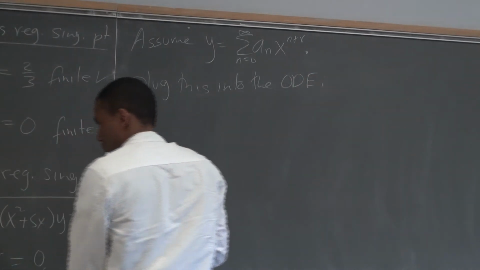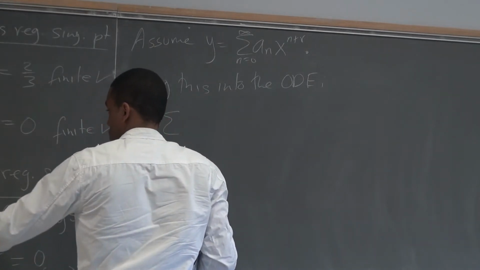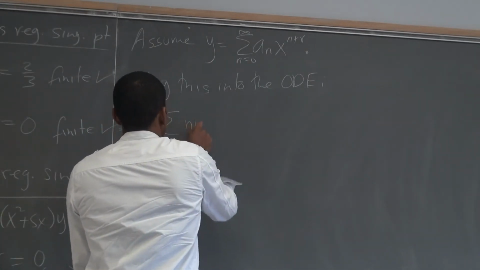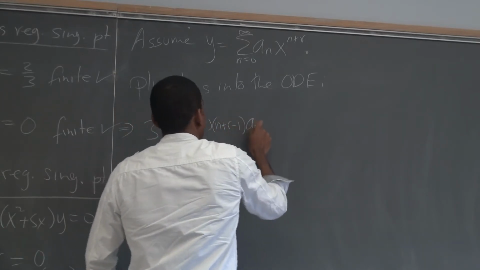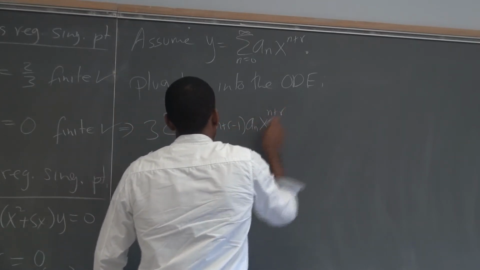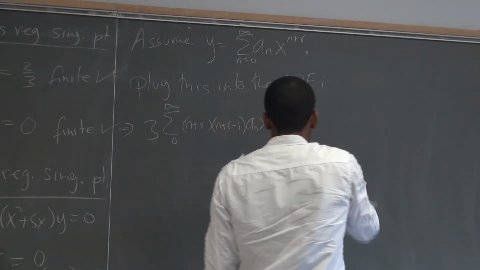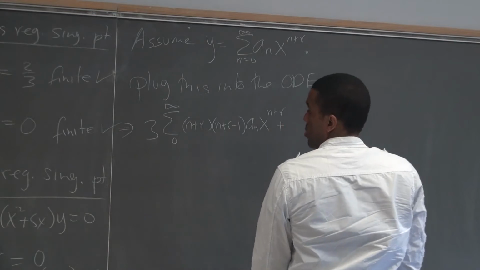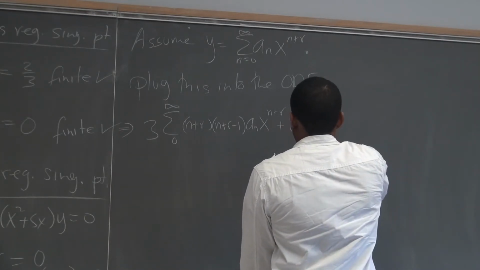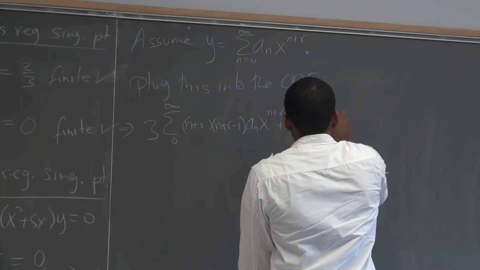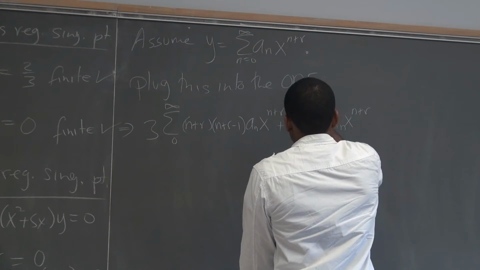In this case, we shall obtain 3 times the series of (n plus r)(n plus r minus 1) a_n x to the n plus r, plus 2x times the series of (n plus r) a_n x to the n plus r, this from 0 to infinity.